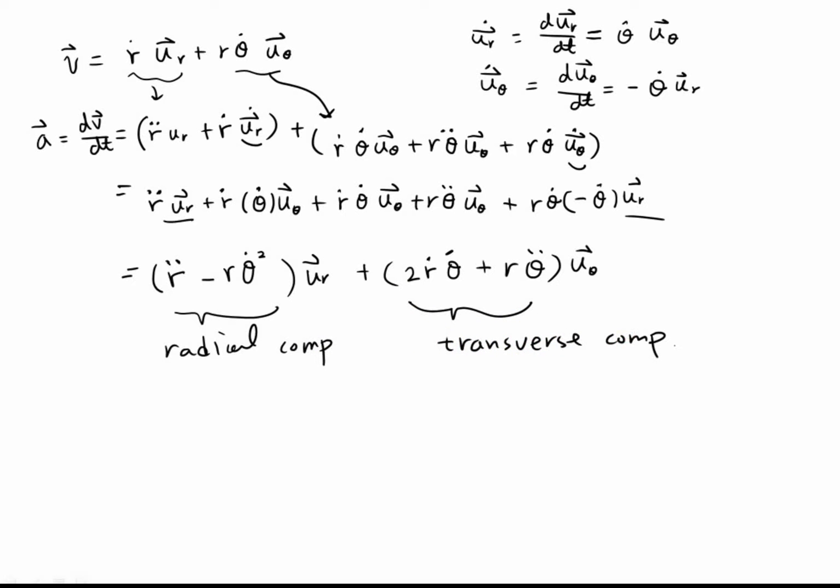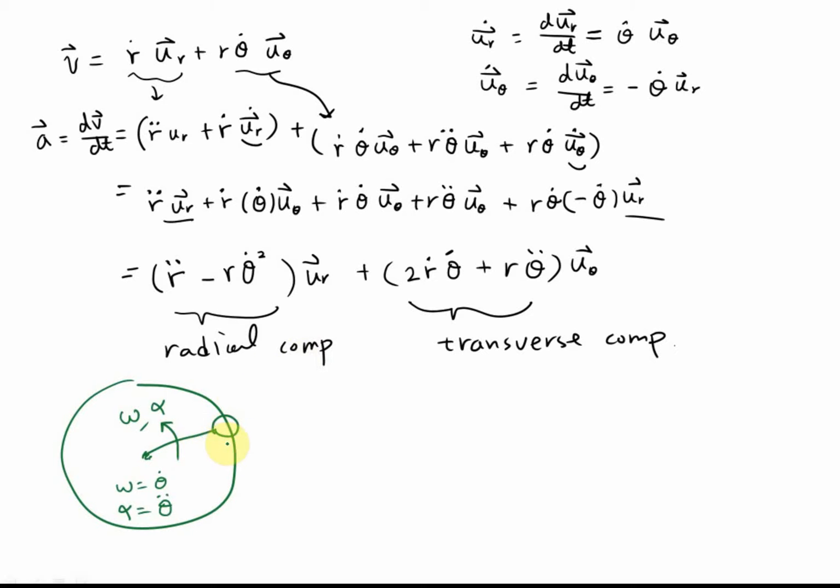Simple example. As I said, we have a circular motion like that, and a particle just rotating about this point. If we know omega and alpha, where omega is the angular velocity and alpha is the angular acceleration, then omega is theta dot and alpha is theta double dot, right?